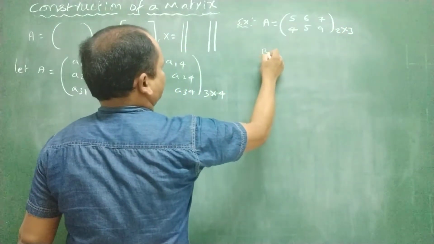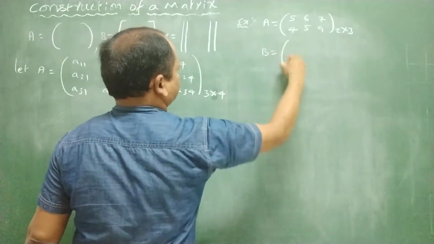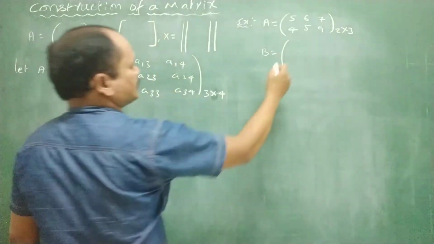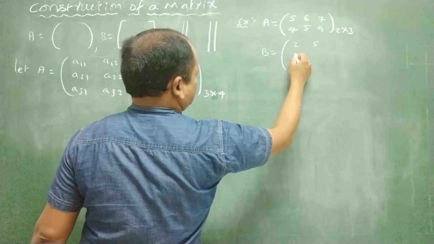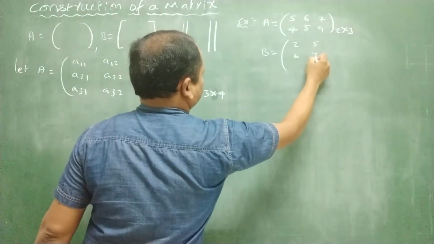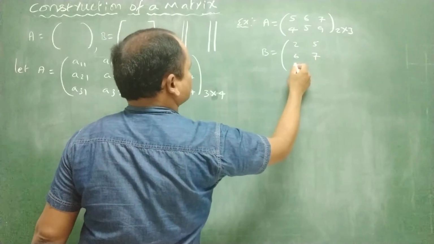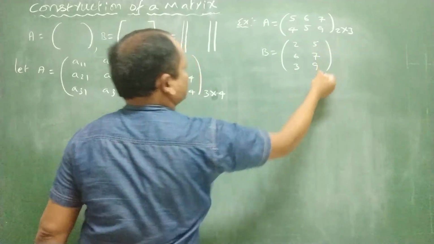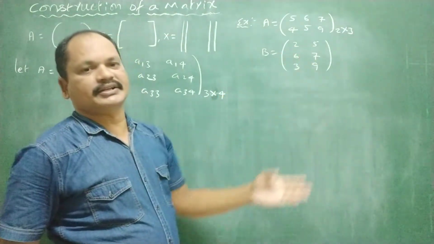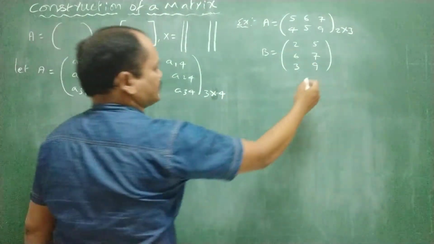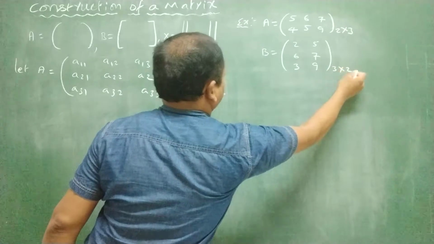And capital B, we take 2, 5, 6, 7, 3, 9, which contains 3 rows and 2 columns. That's why it is a 3 by 2 matrix.